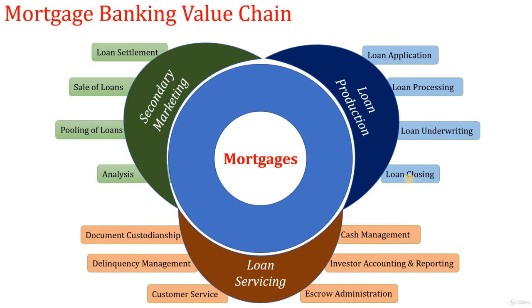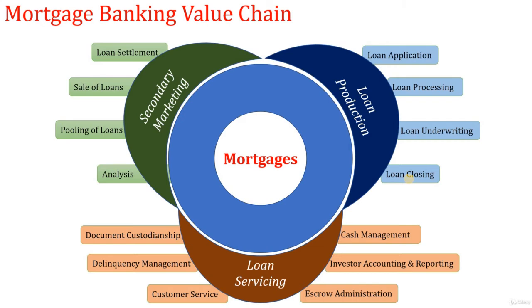So the second stage in the mortgage banking value chain is loan servicing. What exactly is loan servicing? Loan servicing basically refers to the part of the value chain starting from the closure of the loan. Basically, it starts from when the loan is funded and closed until it is fully repaid and settled.